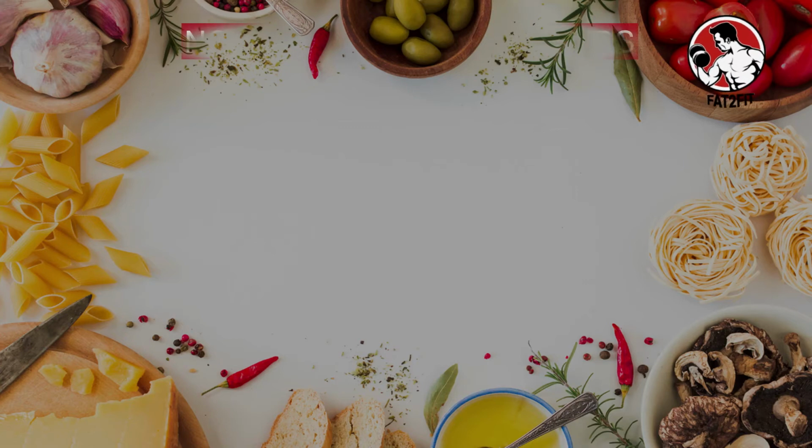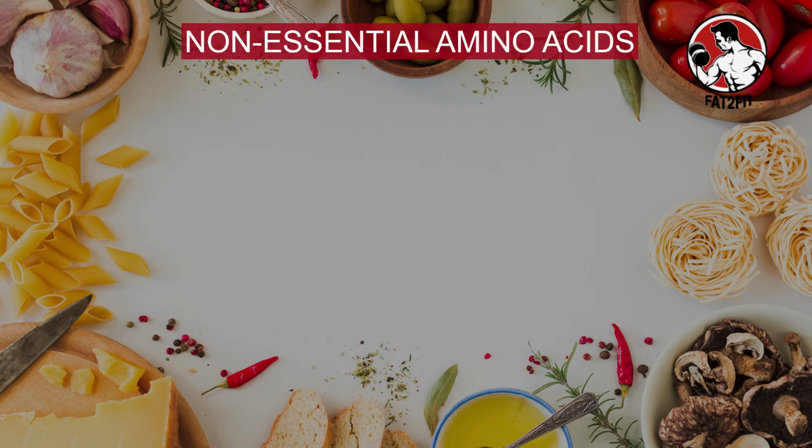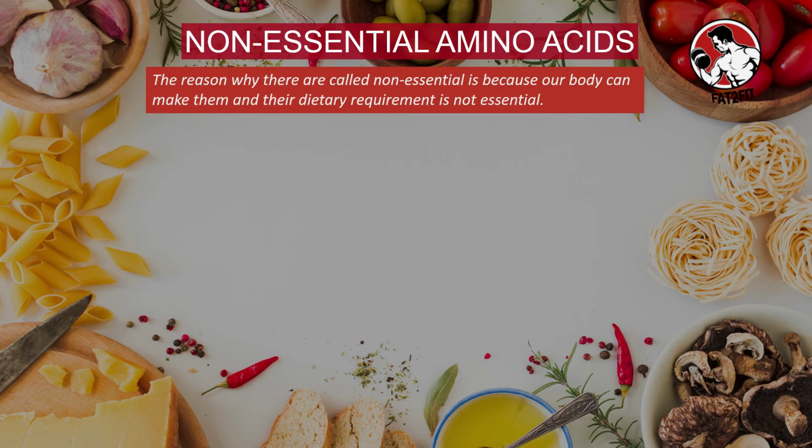Now, non-essential amino acids. Don't let their name fool you. Non-essential amino acids fill essential roles. The reason they are called non-essential is because our body can make them, and their dietary requirement is not essential at all.